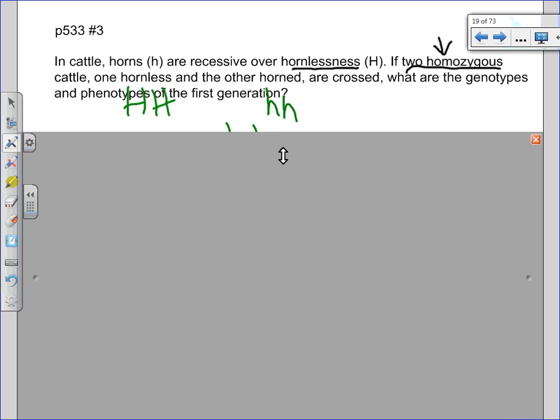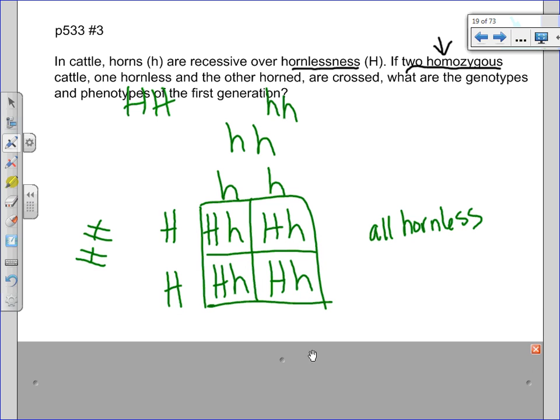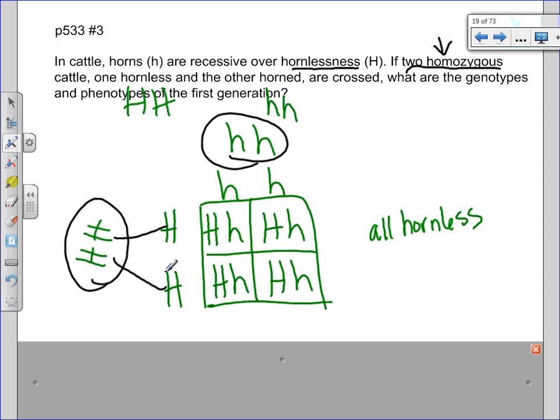That's the first thing we figure out: what are their genotypes? So here's the cross. We have one parent here, another parent here. This parent can only give big H's for possible gamete alleles. This one can only give little h's. So you put their gametes along the edges and then you fill in the Punnett square.